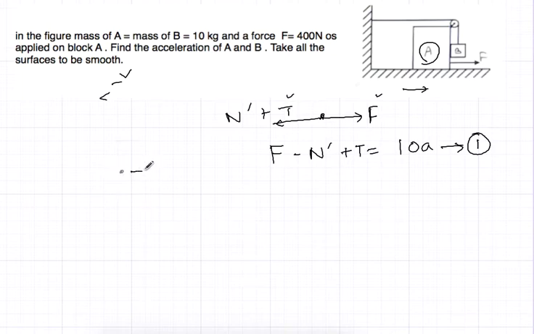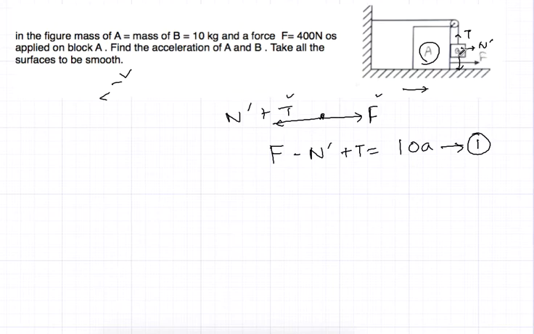In this direction there is an acceleration of a, and in this direction there is a, so we have to take the forces in both directions. So we'll draw the free body diagram. There is a tension T over here, and there is an N dash over here, and there is mg over here. mg means the gravitational force.